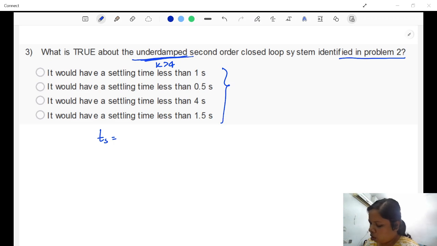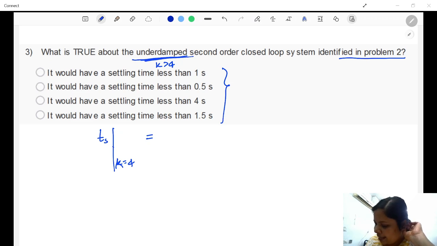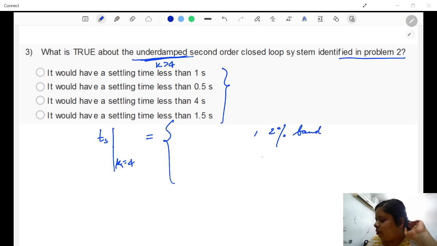We will solve this for k is equal to 4 to get the boundary condition. Now what is settling time? There were two definitions for settling time. One for 2% band, one for 5% band.